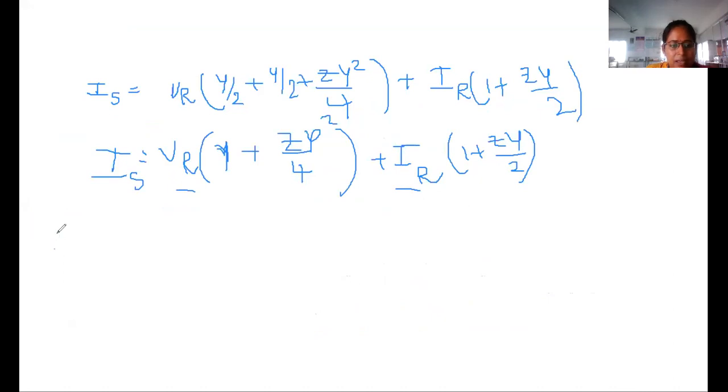so comparing equations, we can get a equal to 1 plus yz by 2, b equal to z, c equal to, and d equal to, also we can get the value 1 plus yz by 2.